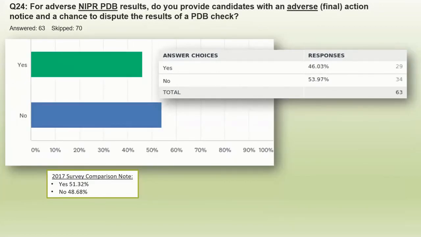And last but not least is the same scenario, but do you send some type of final adverse action? Another slight decline here from 2017. Not quite sure the logic behind it, but again, I would strongly urge any of the organizations that responded to this, and anybody on this webinar, to make sure that you have some type of a background screening and, theoretically, an FCRA czar within your organization that can tie the contractor screening and PDB results and license-based screening and things that come from consumer reporting agencies versus policies for things that don't come from consumer reporting agencies, and make sure these things are defined so that you have uniform practices.